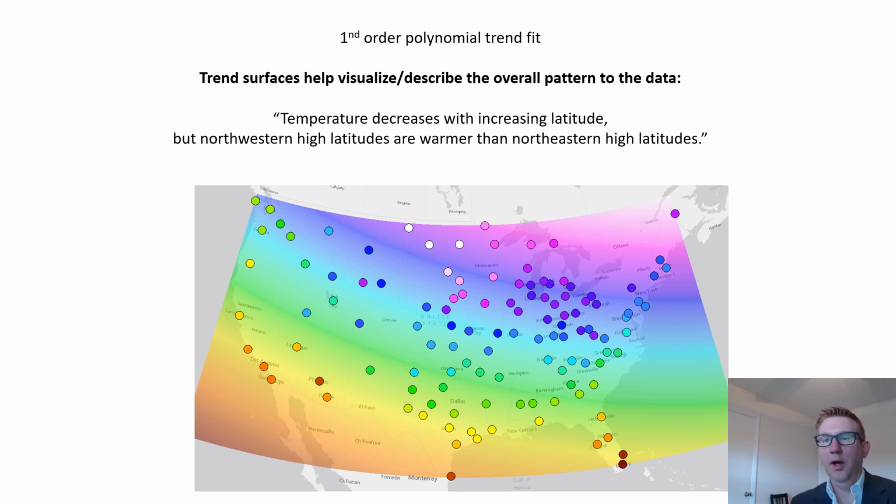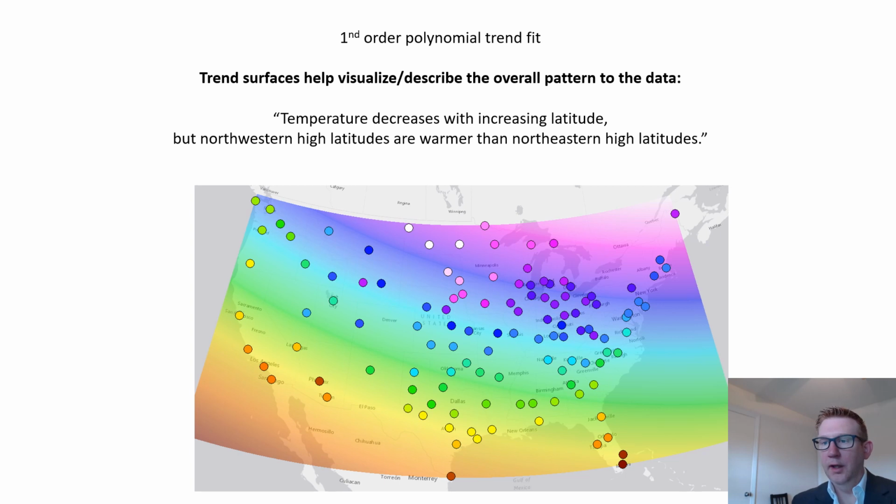A first order polynomial will try to fit a rigid plane to the data to predict temperature. If you imagine these things as heights, we're trying to fit a plane that matches those points.